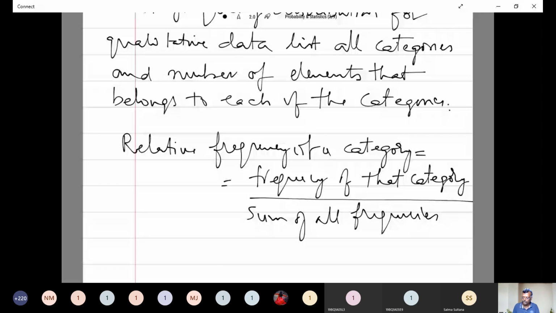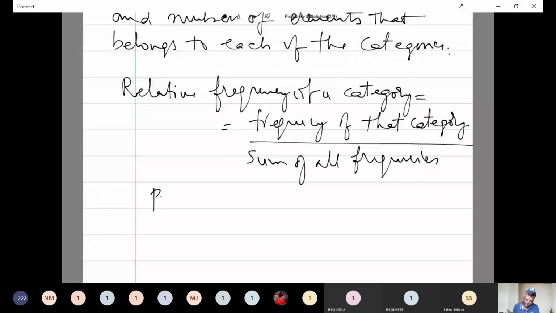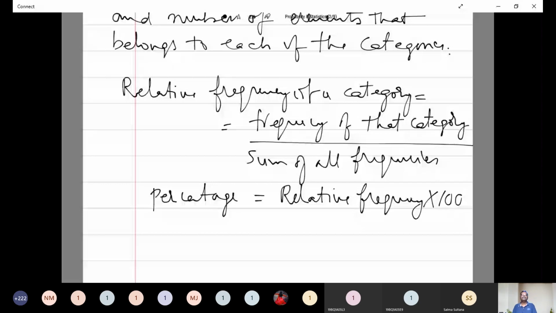And one more point, percentage is defined as the relative frequency into 100. This is known as percentage.